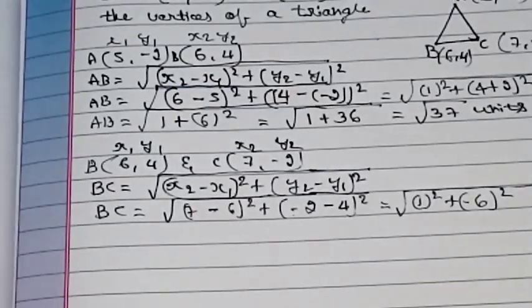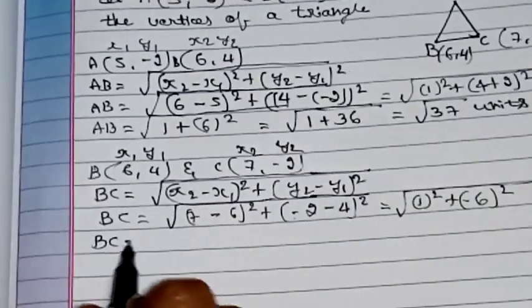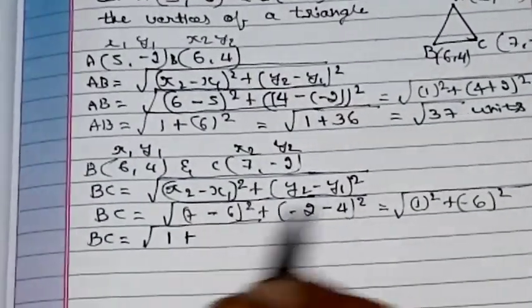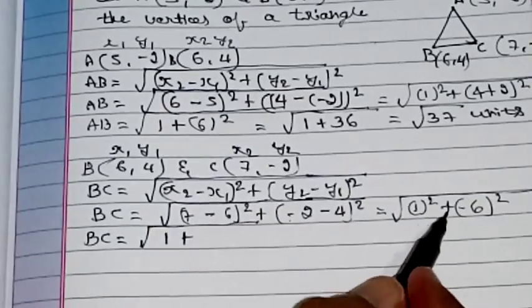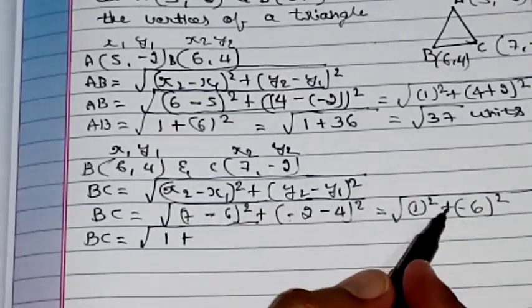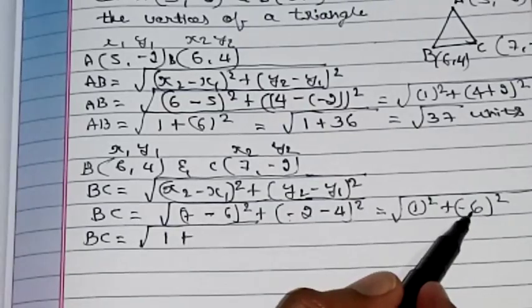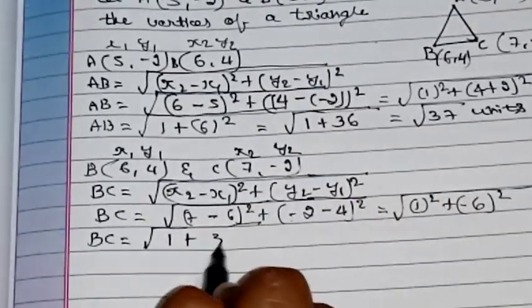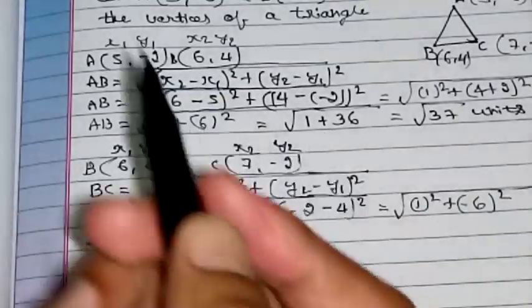Right, children? Now BC is equal to the square root of 1 square is 1 plus minus 6 square. Any minus square will be plus. So 6 square is 36 and minus 6 square is also 36.